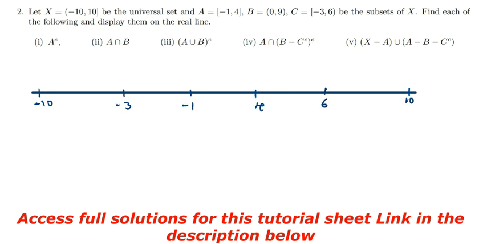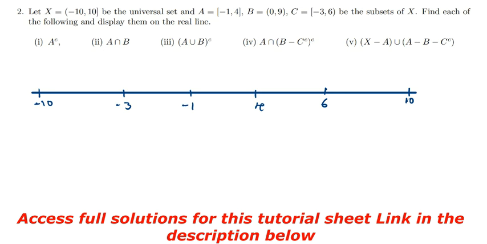You don't have to list all the elements of the universal set, like negative 10, negative 9, all the way up to positive 10. That is going to be so tiresome. You may not even have enough space. So just put the numbers which you have in the questions given, including those in the subset. As you can see, we have negative 1, 4, negative 3, 6, as well as those. These numbers are enough to help us answer all the questions which we have here.